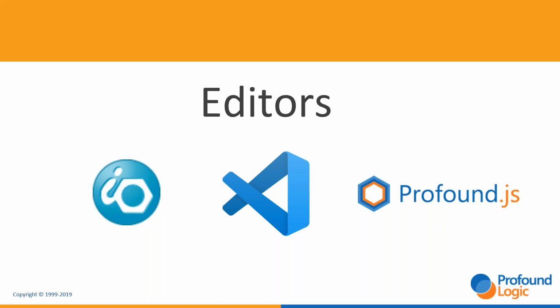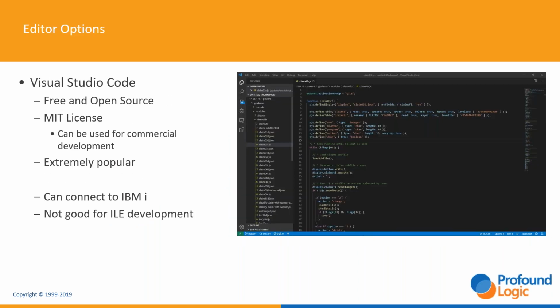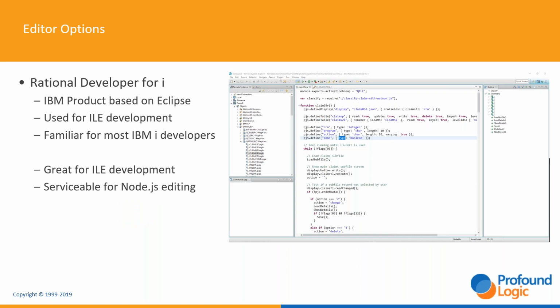The first one we'll talk about is the one that I assume most of you, as IBMI developers, are familiar with. You came here to learn about developing Node.js, so chances are you are familiar with Rational Developer for i. This is IBM's development platform for all of your ILE languages, your RPG, your COBOL, CL, all of that stuff.